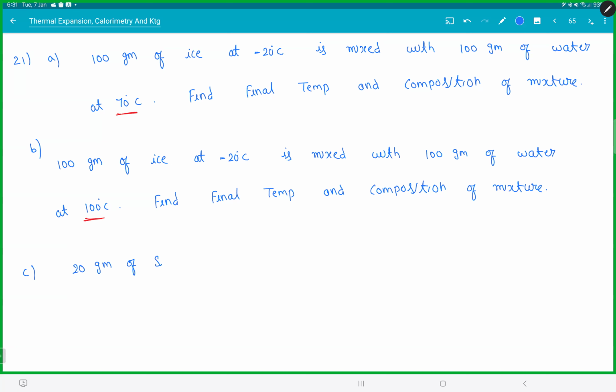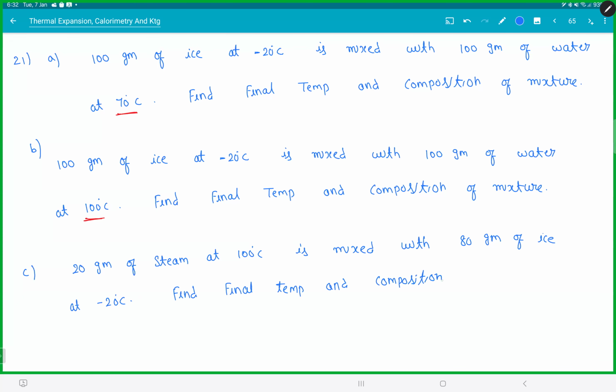Then, 20 grams of steam at 100 degrees is mixed with 80 grams of ice at minus 20 degrees. Find final temperature and composition. So you can keep on giving, but I think this will give you the idea.